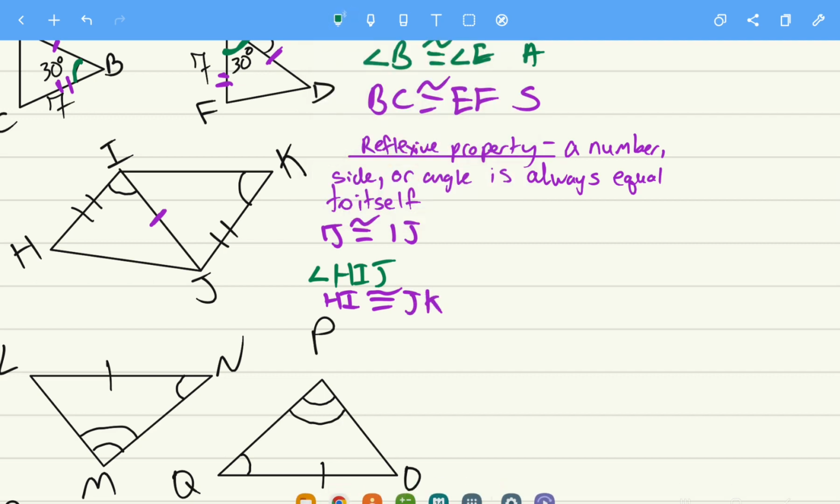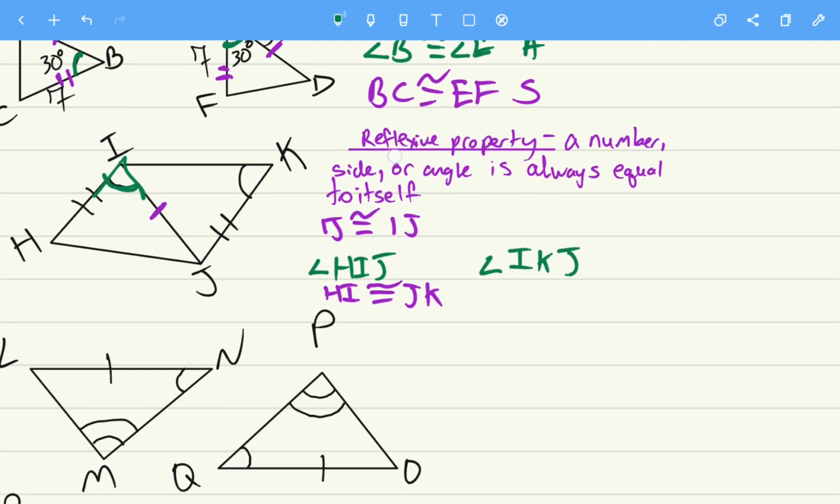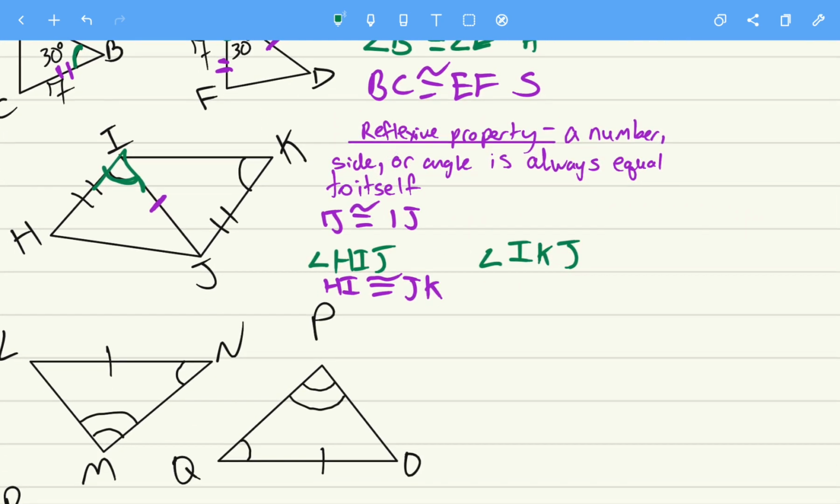Now, if we notice here, angle HIJ is in between our sides, but angle IKJ is not in between the sides. So it actually might be more appropriate to put 2 curves there because we don't know if they are congruent or not.